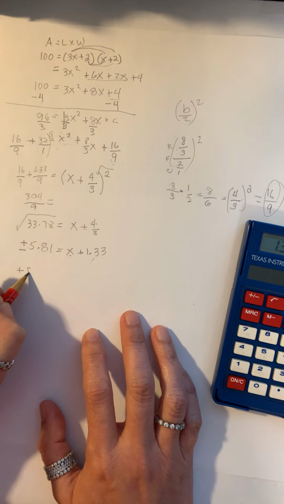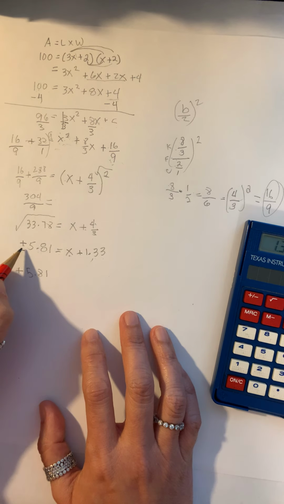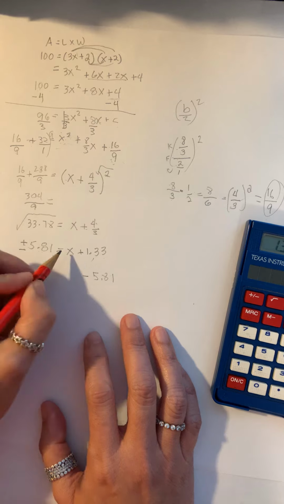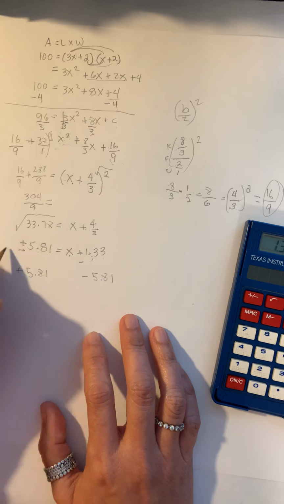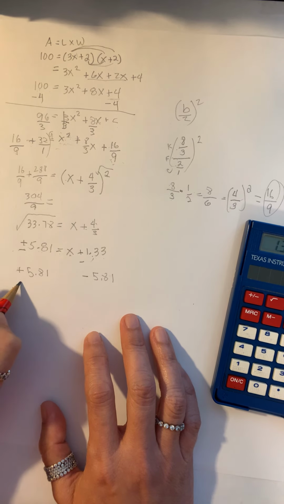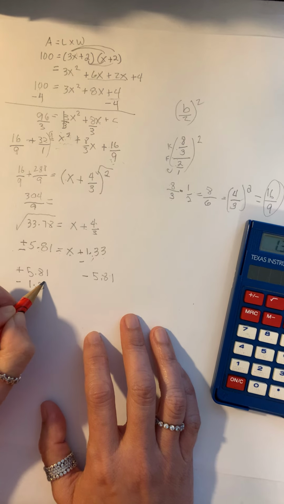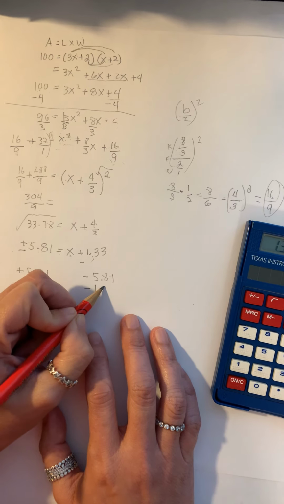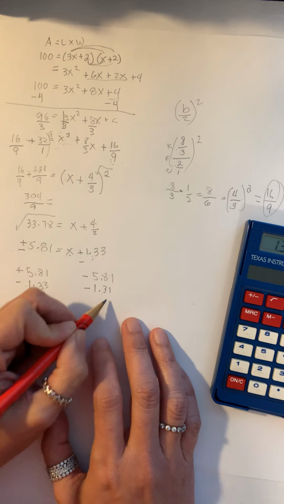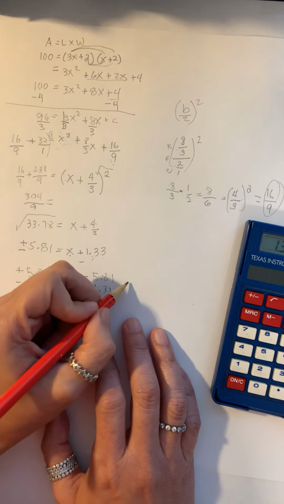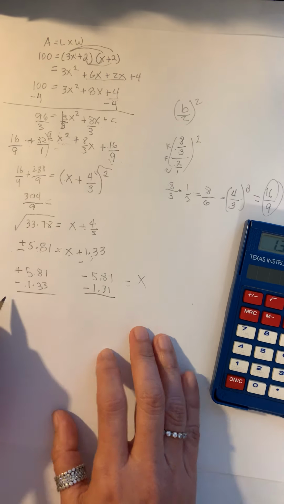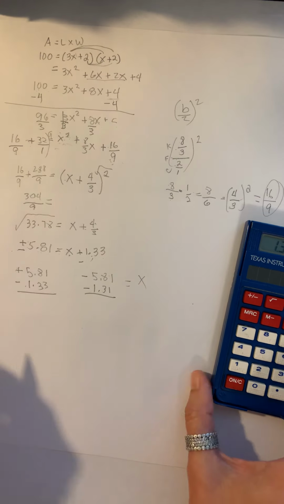I have a positive 5.81 and I have a negative 5.81, right? So I do it twice. I do it to the positive 5.81 and I do it to the negative 5.81. Okay? What am I looking for in the end? I'm looking for the two x's.